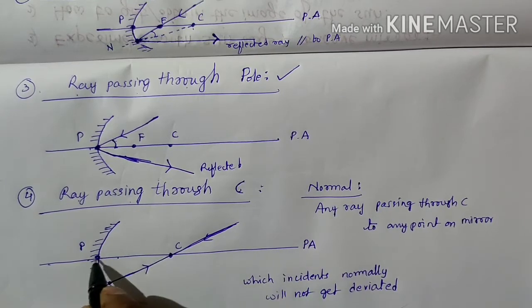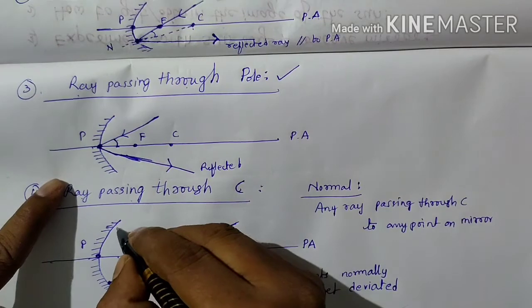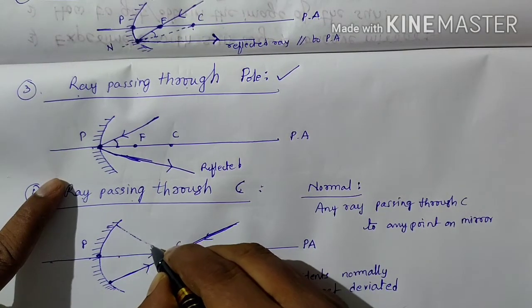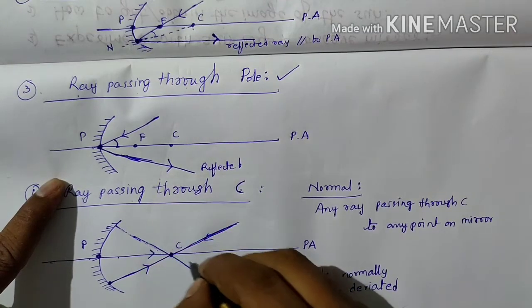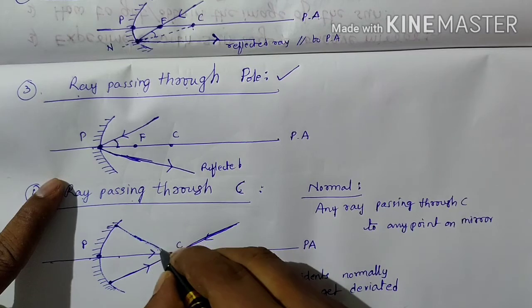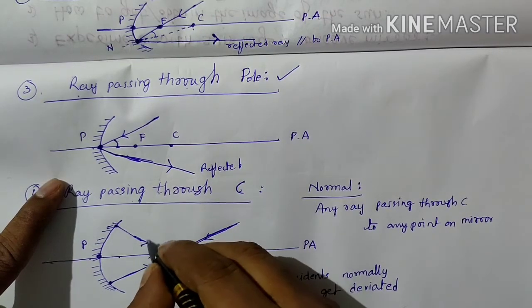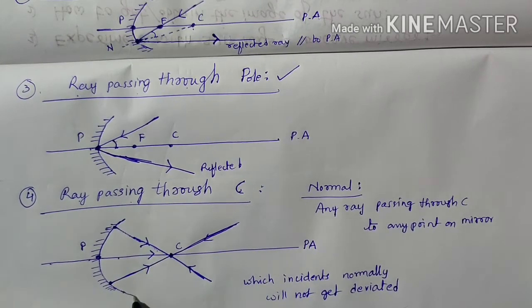So this ray is also reflected in the same path. If you take another ray like this, this is the incident ray and it will be reflected in the same path. So thus this is the fourth ray.